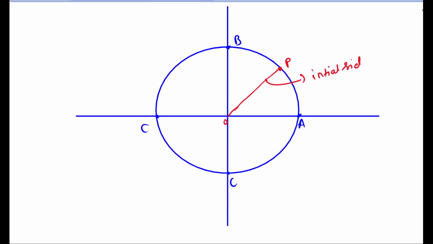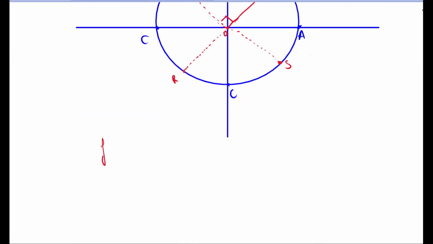So when we rotate OP anti-clockwise by pi by 2, we get another point, let's say Q. And likewise, if we rotate OQ by 90 degree anti-clockwise, we get point R. So these are the new points P, Q, R, S when we take OP as the initial side. So P, Q, R, S are the quadrant angles when OP is the initial side.